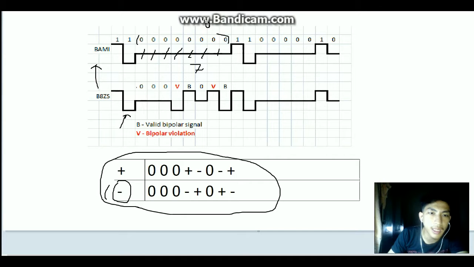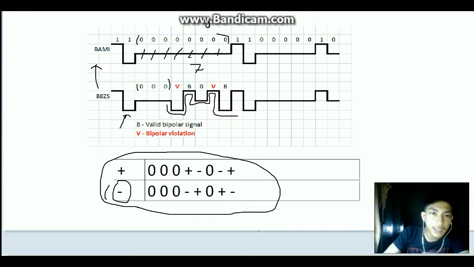After that is 3 zeros, and then a negative signal, followed by this violation of the signal, and a valid bipolar signal, and then zeros back, then violation again, and then a valid bipolar signal.